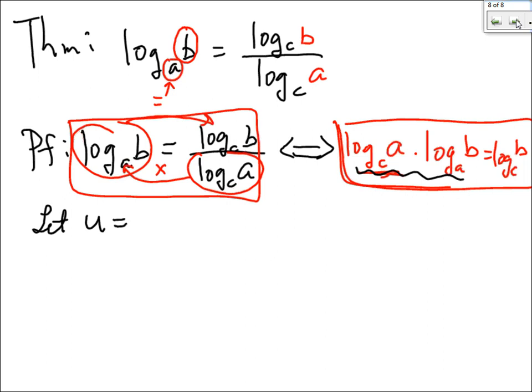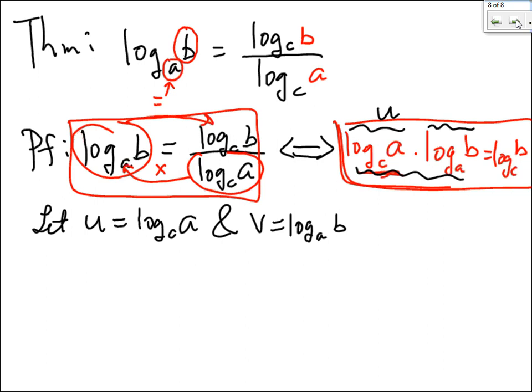Let u equal log base c of a and v equal log base a of b. So if this is u and this is v, I would love to show that u times v equals that. I need to get things in terms of exponentials, I think.